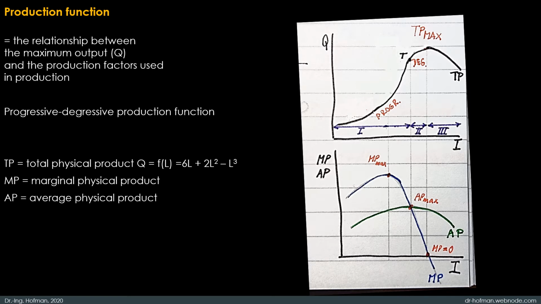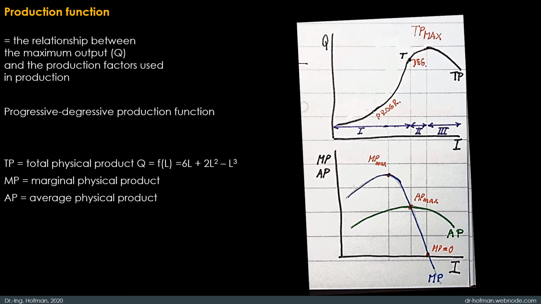As additional units of the input are employed, output increases but at a decreasing rate. To simplify the interpretation of a production function, it is common to divide its range into 3 stages.